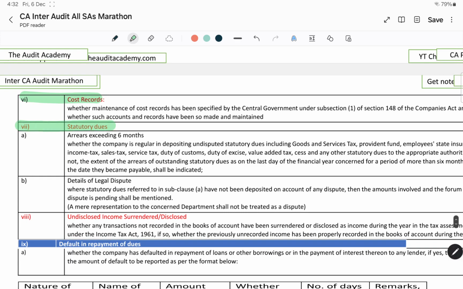Clause 7 is statutory dues. In that, first is arrears exceeding 6 months, details of the legal dispute.